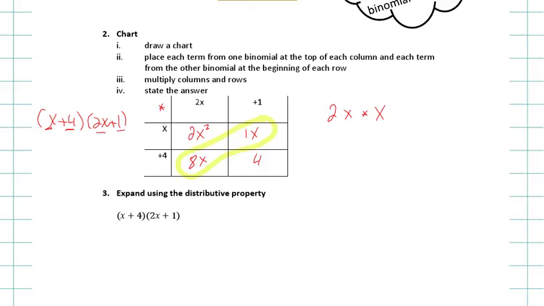So that's why it's 2x squared. Are you guys okay with this? Alright, so if we're looking at this, your two like terms are 8x and 1x. So the rest is 2x squared plus, what's 1x plus 8x? 9x plus 4.